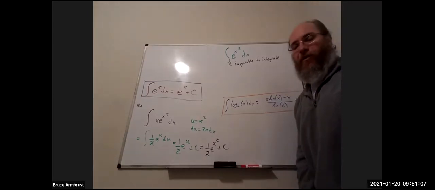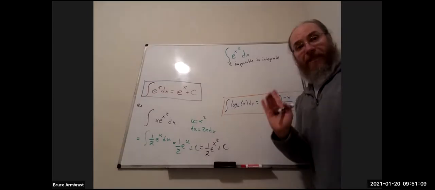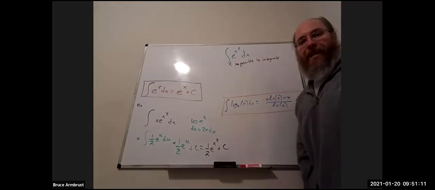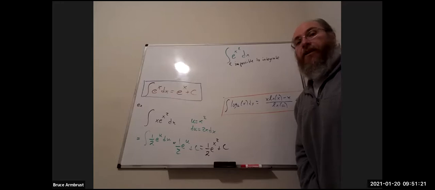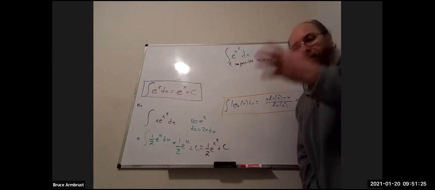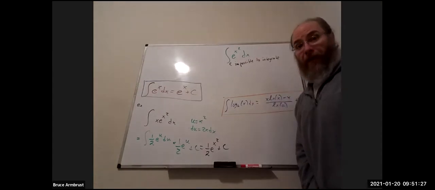Oh my God, so impossible. No. This literally, you cannot anti-differentiate. There is no antiderivative of e to the x squared. It is a function whose integral does not exist. Well, you can't prove it, but it can be proven that e to the x squared is impossible to integrate.